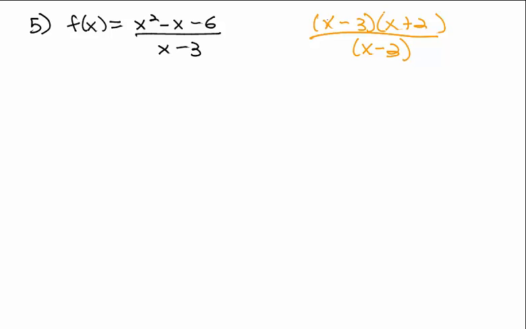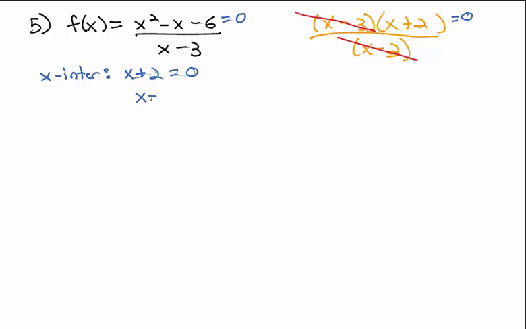One thing you probably notice is those x minus 3's are going to divide out. That's going to be significant to us here in a minute. So when we're finding our x-intercepts, those points that have divided out really aren't going to be a part of it. While we make the numerator equal to 0, we only have to take what's left to equal 0, which is nice. x plus 2 equals 0.